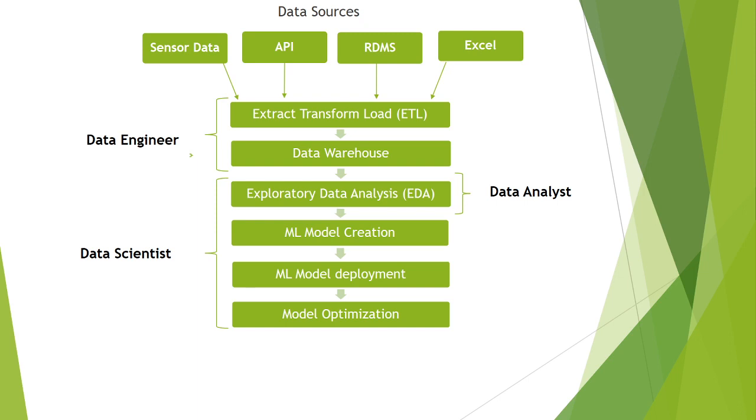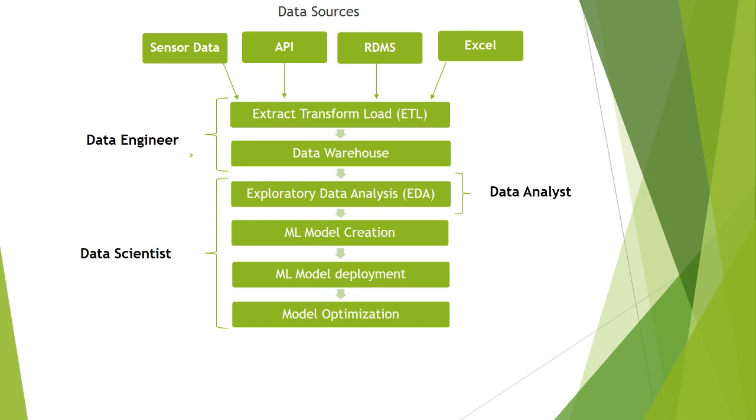Once we have created the model, we deploy it to the production environment and then test its accuracy. If the accuracy is less than expected, then we do model optimization. For that, there are a number of processes.